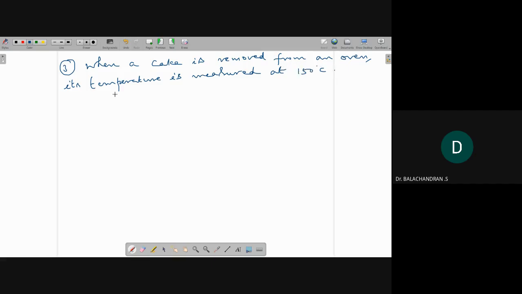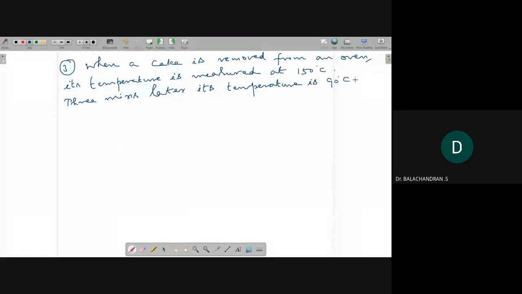Three minutes later, its temperature is 90 degrees Celsius.